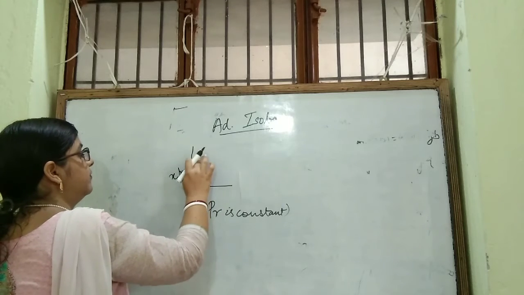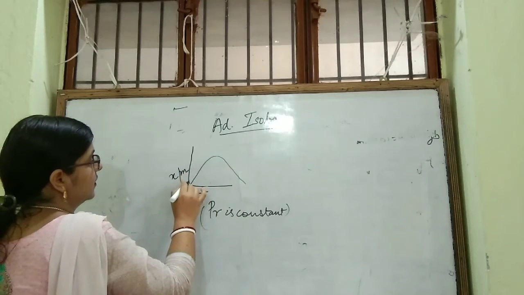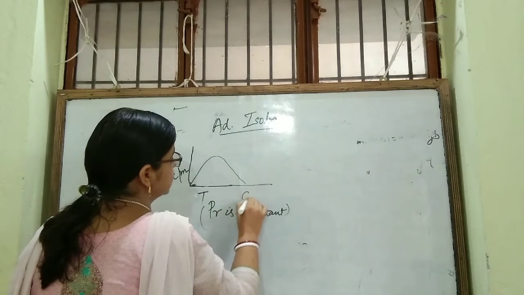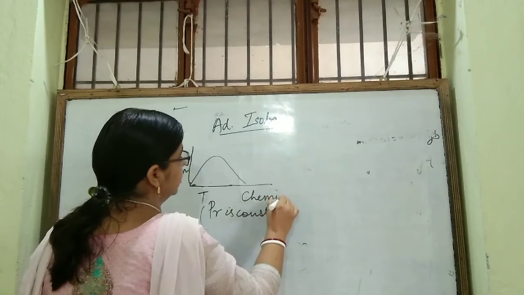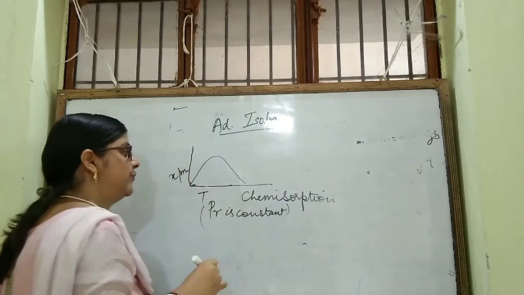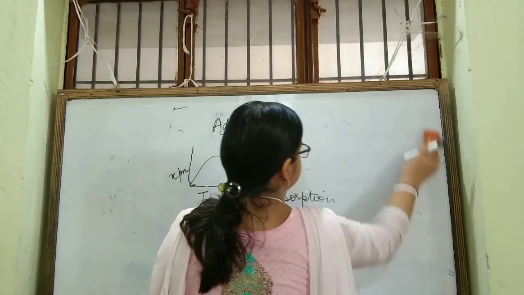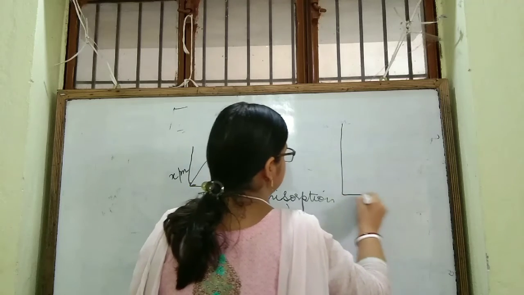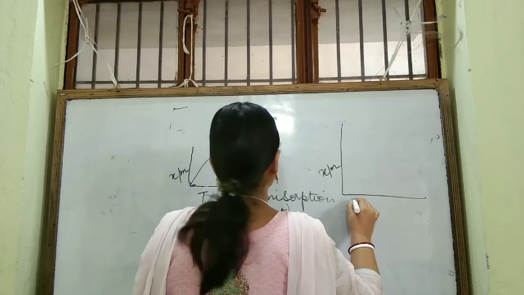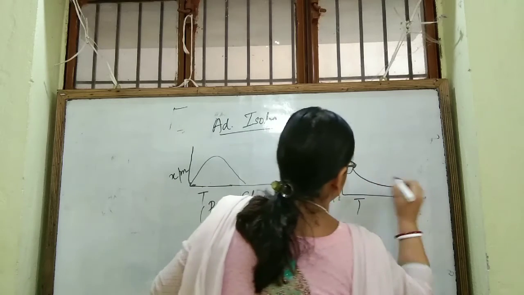For chemisorption you will get the graph like this. And for physisorption, how will you get the graph? Yes, I am showing. x by m versus T. It will be like this.